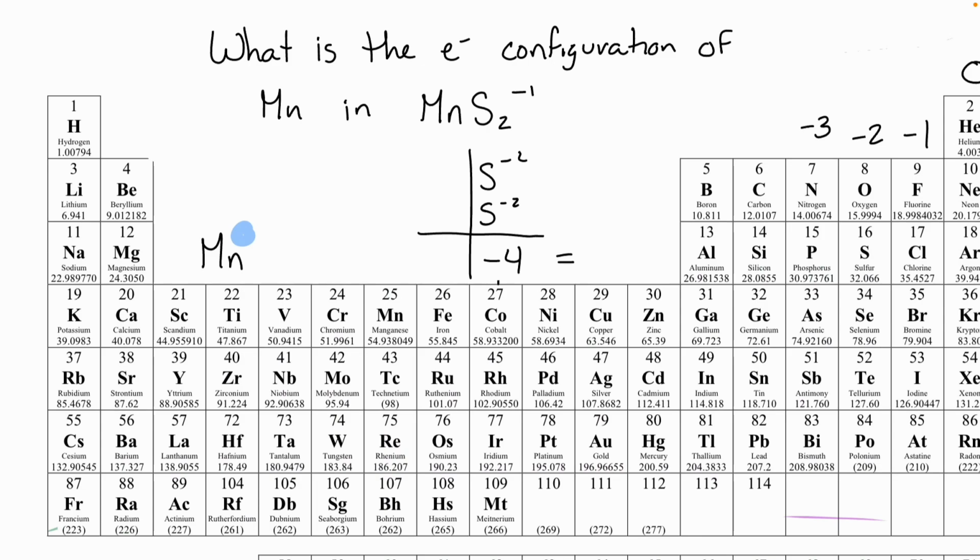My oxidation states will have to add up to what? -1. So what? -4 gives you -1. 3. So my manganese ion has an oxidation number of +3.